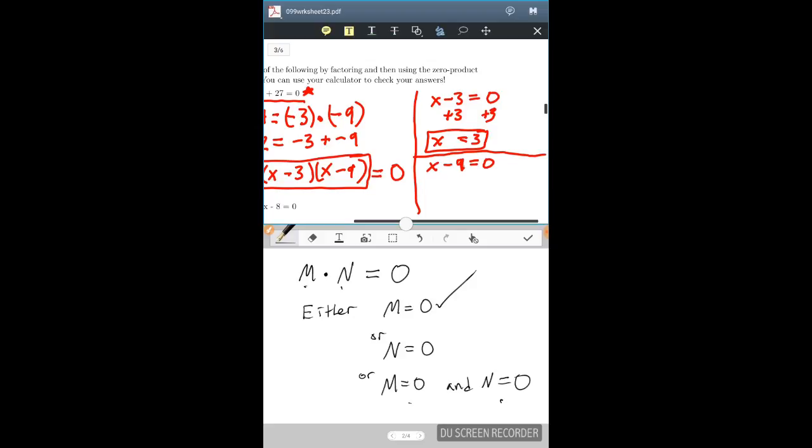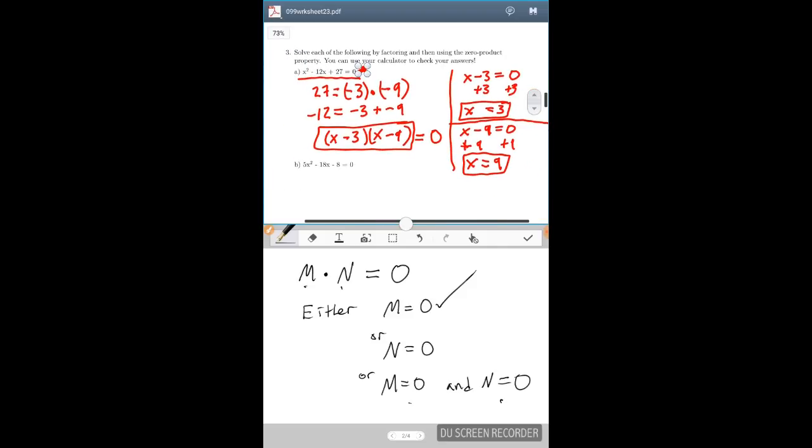So again, we have a minus 9 attached, so we need to add 9 to both sides here. If I do that, I'll get x equals 9, and look at that, my two solutions. So we've got x equals 3 and x equals 9.